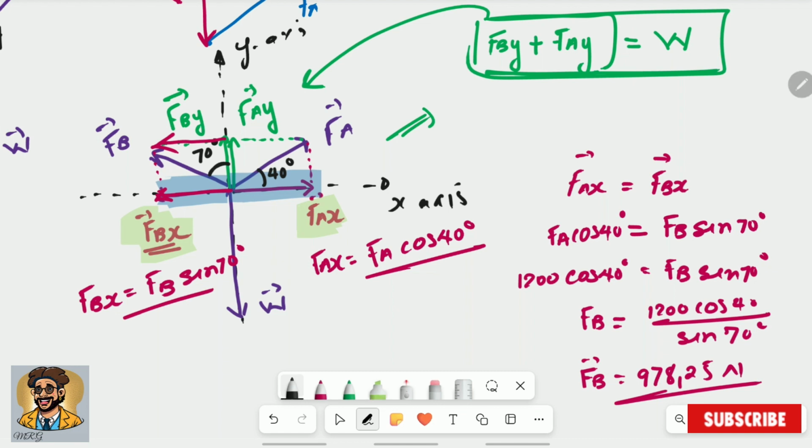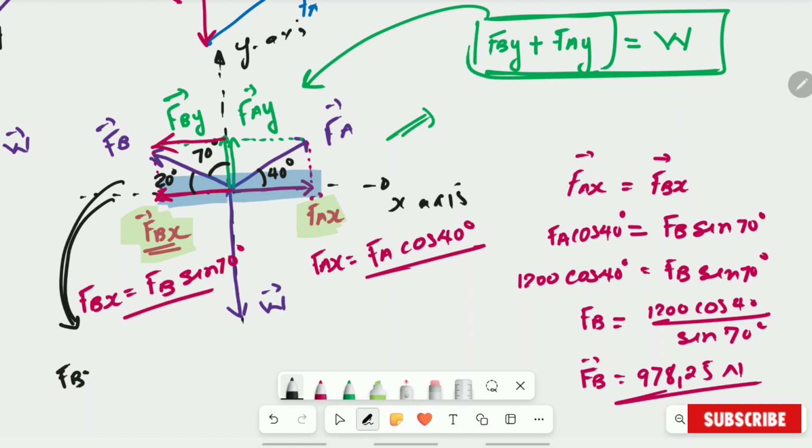Alternatively, if you want to, you can calculate this angle: 20 degrees. Okay? You can use that 20, but I'm already doing double work. I'm already calculating an angle nobody asked me for. Now, if you use the 20, then 20 becomes the adjacent. So Fb in x will also be Fb cos 20 degrees. Let's see if we get the same answer.